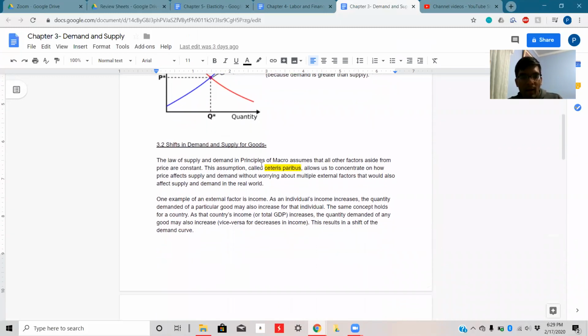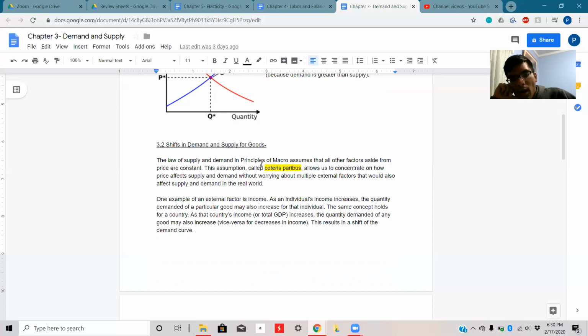As of now, we set aside all the other factors that might shift supply and demand. Right now the only thing we're looking at is the two variables and whether the price affects supply and demand.